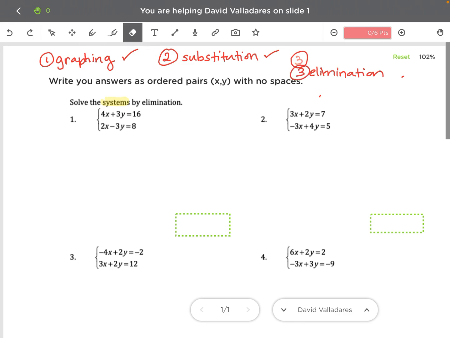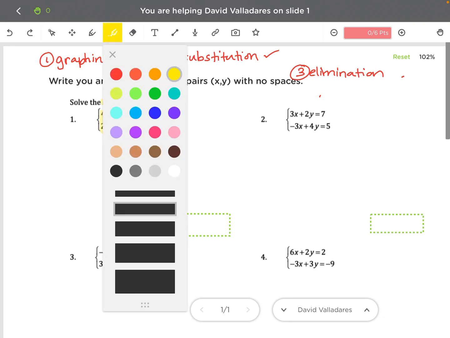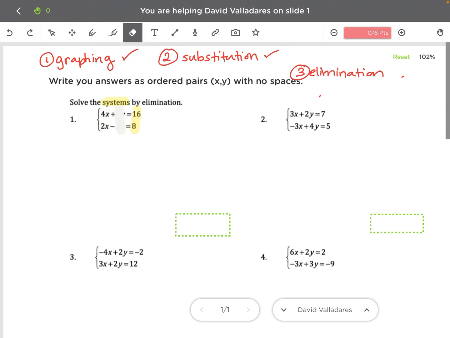It's a great method when we have a setup like this, where you notice the x's are right on top of each other, the y's are right on top of each other, and then the numbers are right on top of each other. When we have a situation like that, this is when we can use what's called elimination, and it's a really easy method that I think you guys will really like.